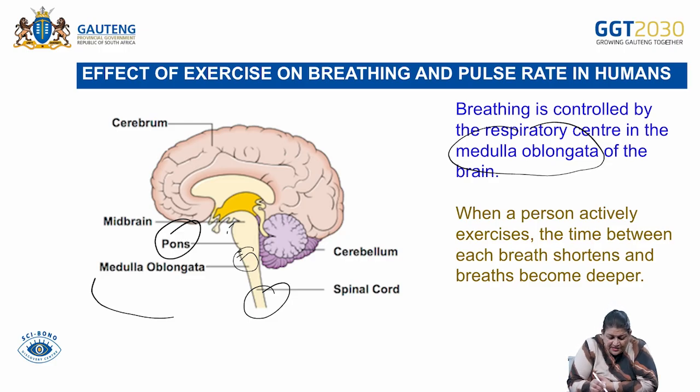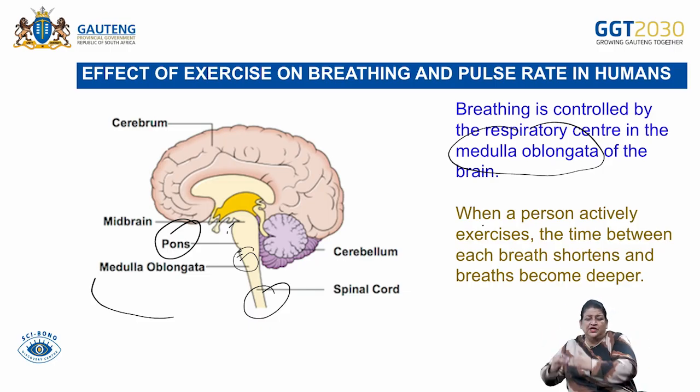And here is the actual medulla oblongata above the spine. And they say, when a person is actively exercising, the time between each breath shortens and the breaths become deeper. So if you're running, your rate and depth of breathing will increase. You're going to take more breaths in that minute and it's going to be deeper because now you are taking in more oxygen, you need more energy.